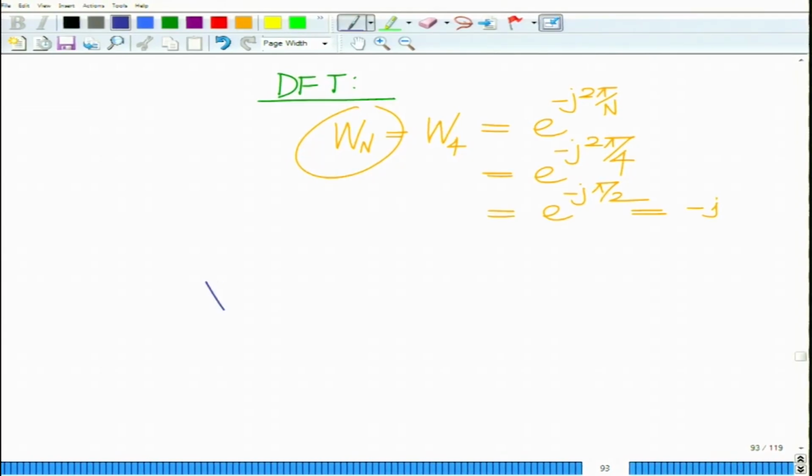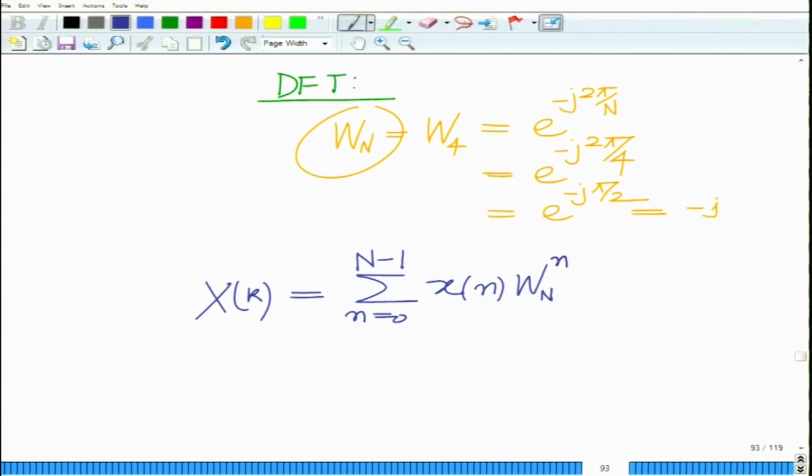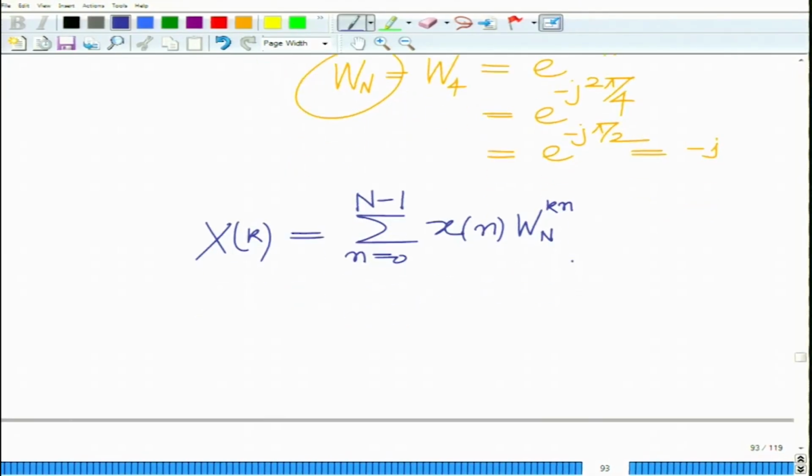Now, therefore, our quantity X[k], the kth DFT coefficient, can be written as summation n equals 0 to N minus 1, that is 3, 4 minus 1 is 3, of x[n] W_N raised to the power kn.